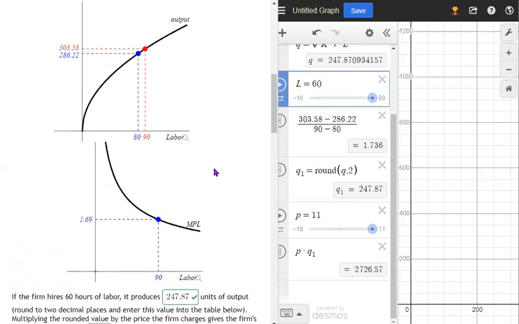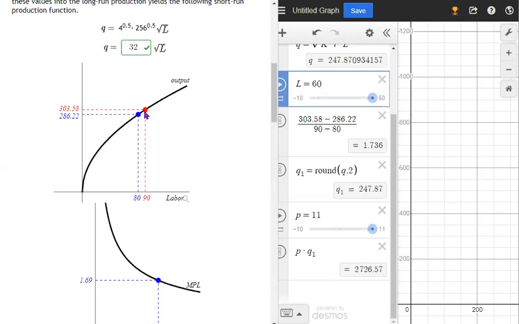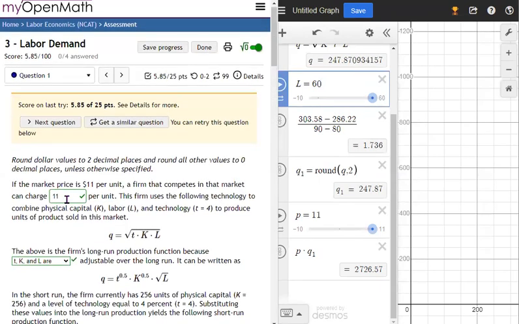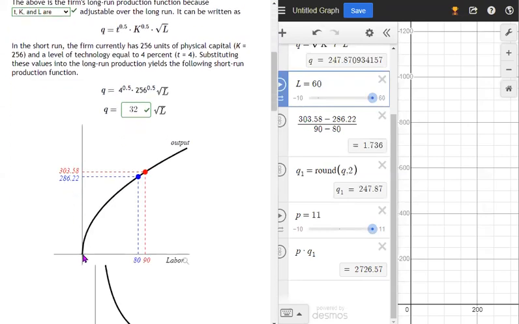Now, when I press enter, essentially, what's going to happen is this black curve is going to be squashed down to here. And the reason is that we're going to multiply every point along the curve here by the price of $11. So 0 times 11 is 0, right?